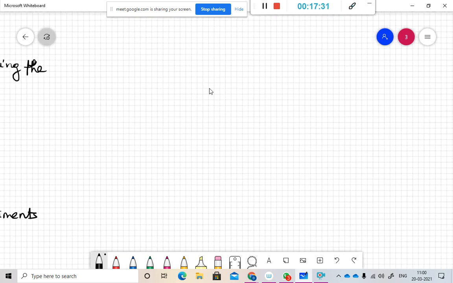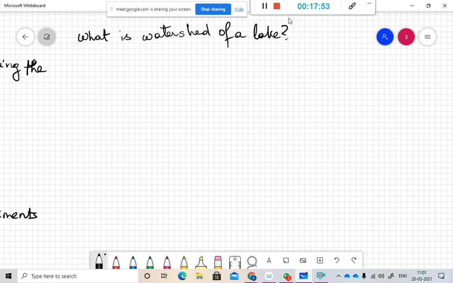The next question which comes: what is a watershed of a lake? A lake's watershed refers to the catchment zone, how much area.